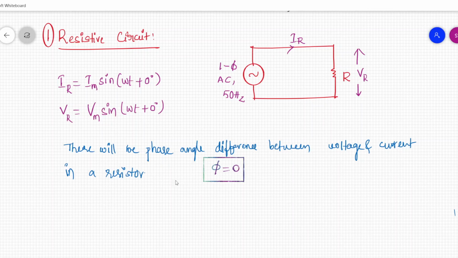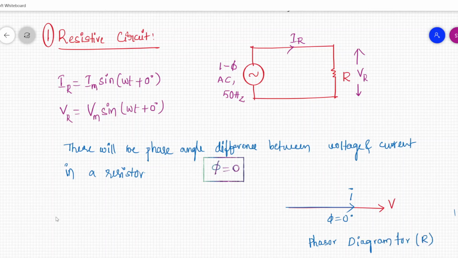So how can you draw the phasors here? If this is the voltage phasor, the current phasor will be in phase with this voltage phasor, or parallel. That means phi, the phase difference, is 0 here. This is the phasor diagram for a resistive network.